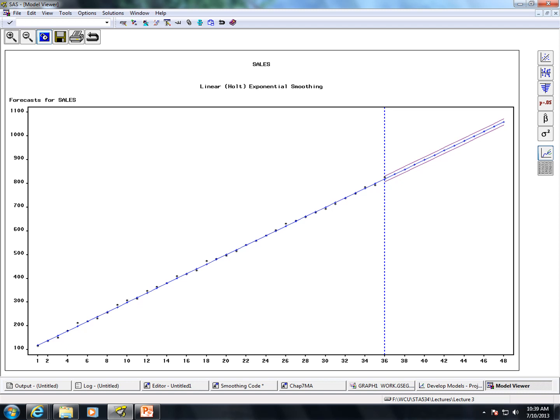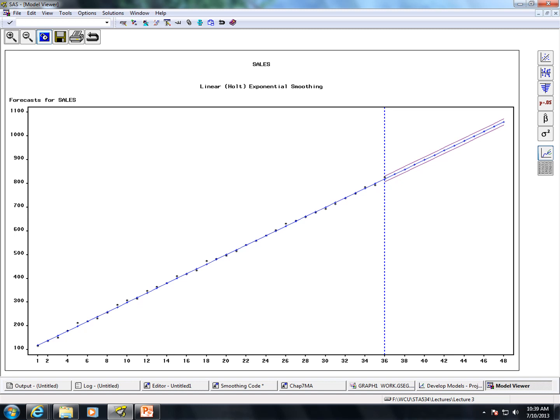And look at that, much nicer. It fits that line even better than before. The predictions look reasonable, and correspondingly, look how small that margin of error is. The purple lines are the margin of error. It's saying, I feel really confident about this.